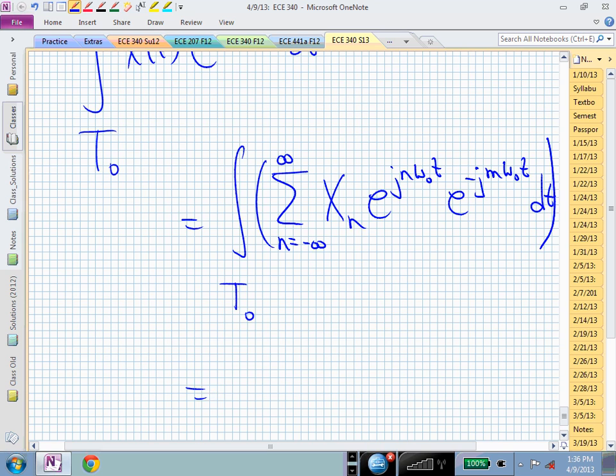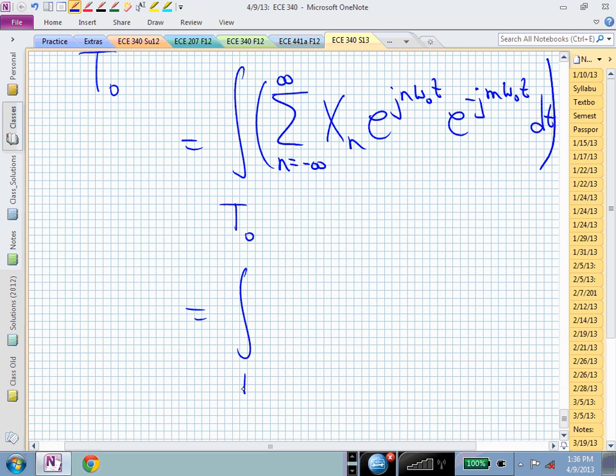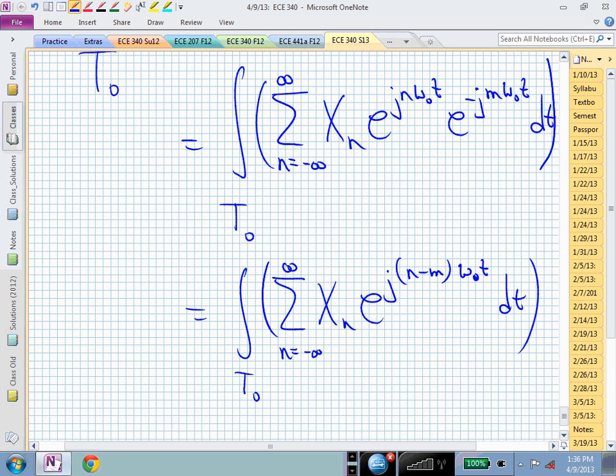But we can clean that up a little bit, knowing what we know about exponentials. We can combine those exponentials. What we will do now is say, okay, we have this difference between n and m.